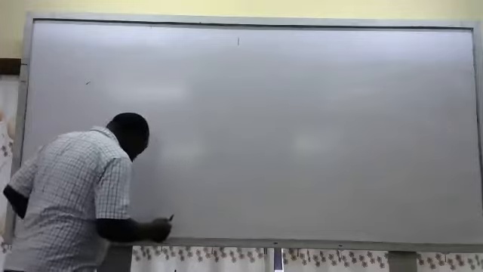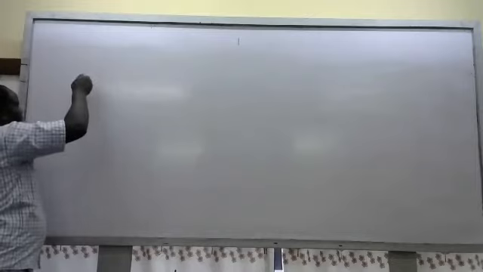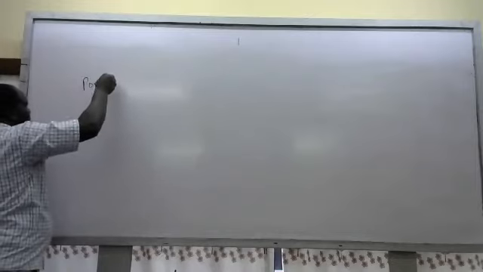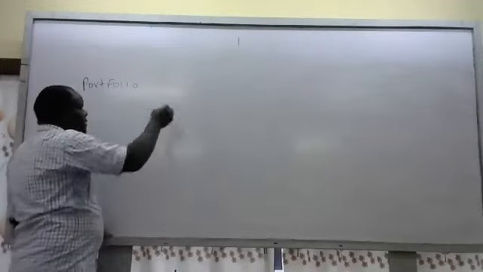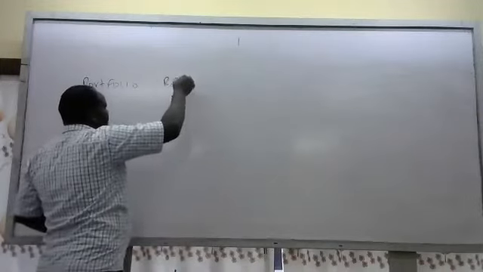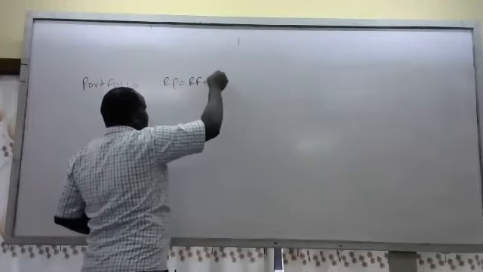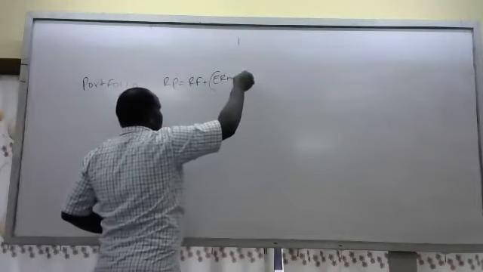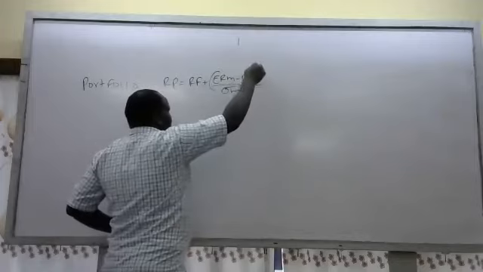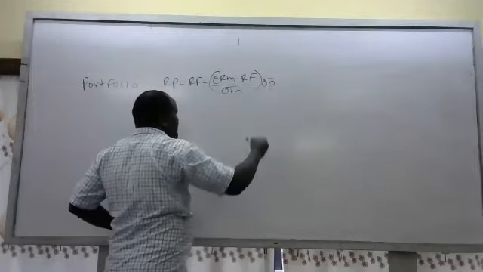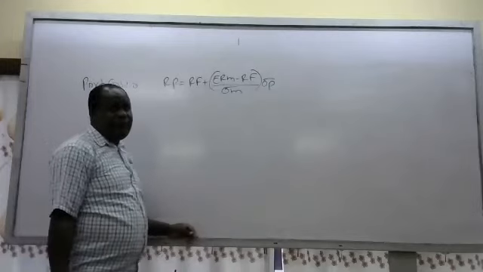We shall have a column for the portfolio, then the return of the portfolio, which is given by the risk-free rate plus the expected return of the market minus the risk-free rate, divided by the standard deviation of the market, multiplied by the standard deviation of the portfolio.